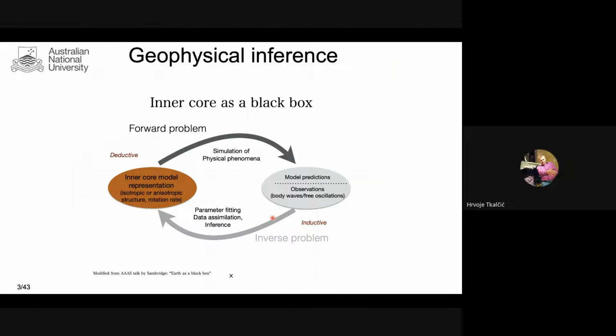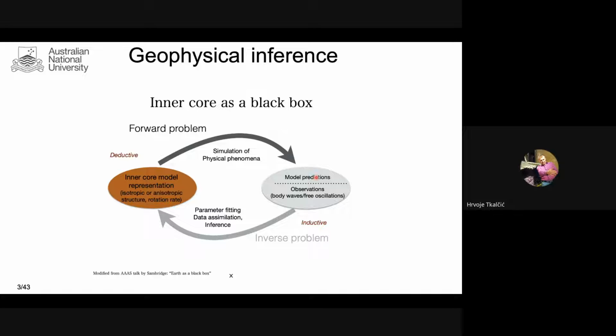Okay, but when it comes to the deep Earth, we use geophysical inference to infer the properties of, in this case, the inner core. So here I chose the inner core as a black box. You have some model that you can use to calculate either the travel times or anisotropy properties for the inner core, or any other property that you're interested in. And you can compare these model predictions with observations.